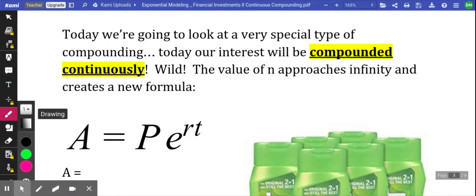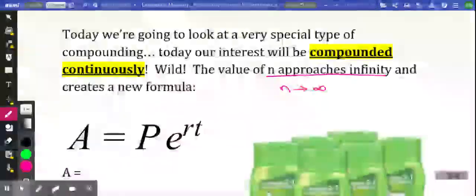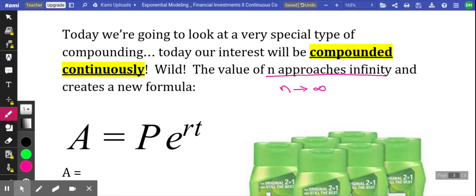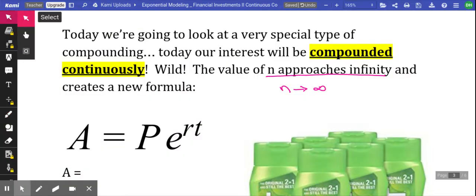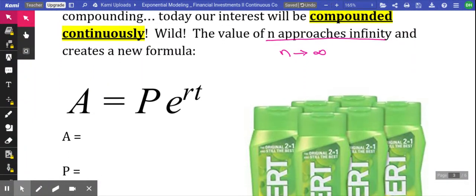So mathematically, we would say N is approaching infinity, and it creates a new formula. Generally, the more times that your investment is compounded, the better. The more frequently that it's compounded, the better it is for us. And the formula looks radically different. It looks radically simpler than it did before.